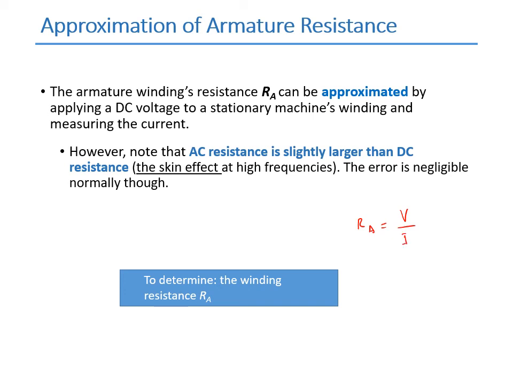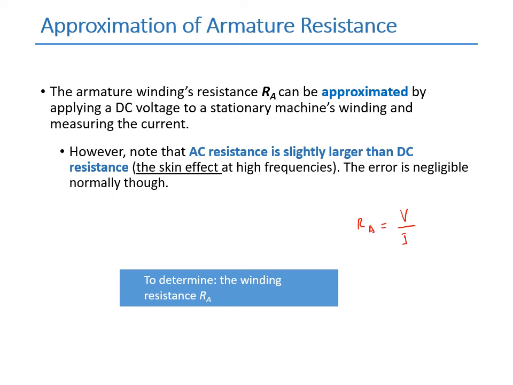There is a slight inaccuracy here because in real practice, this machine is dealing with AC voltage, not DC, and when we have AC voltage, the actual resistance will be higher, because of the skin effect.